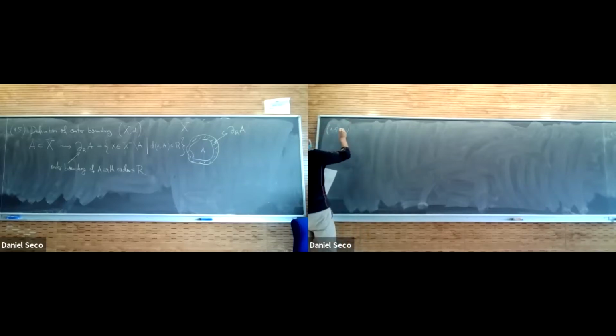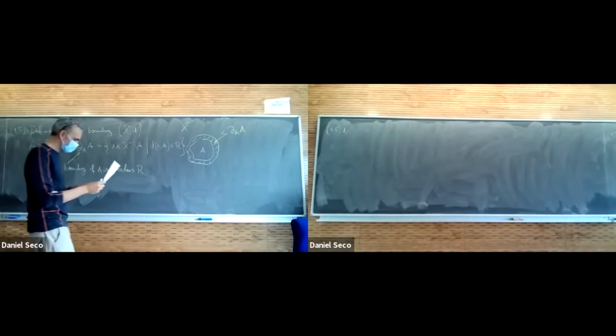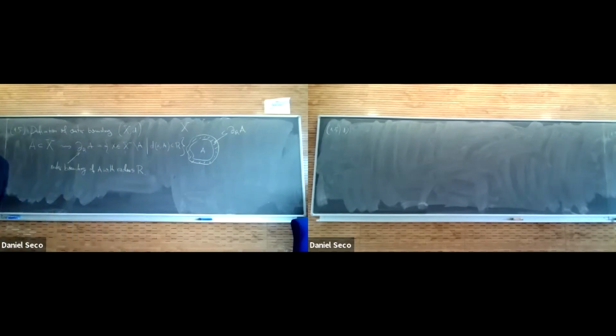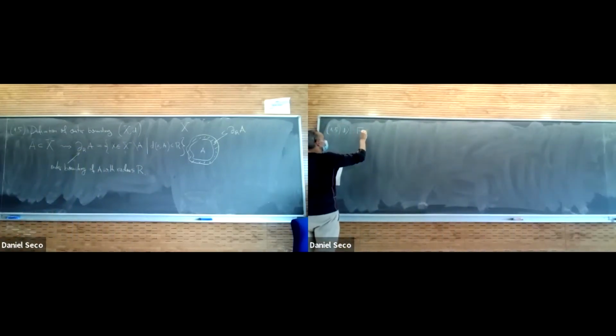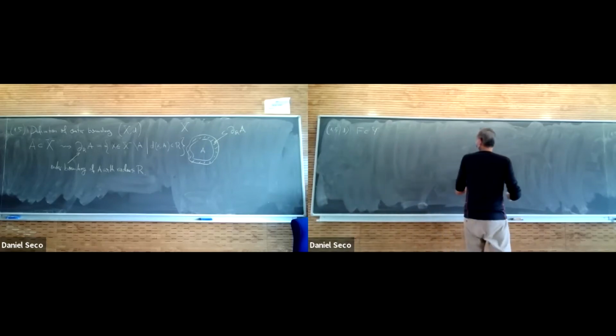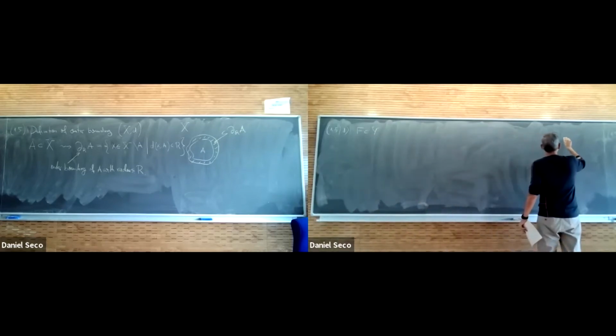Okay, let me say a few words on B, and we will come back to this exercise hopefully on Thursday. So what is the problem? So F is a finite set in Y. So you have phi here.